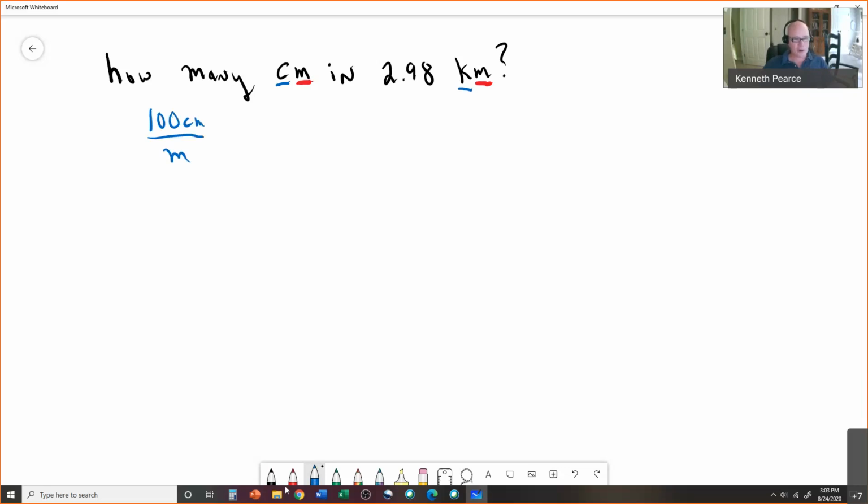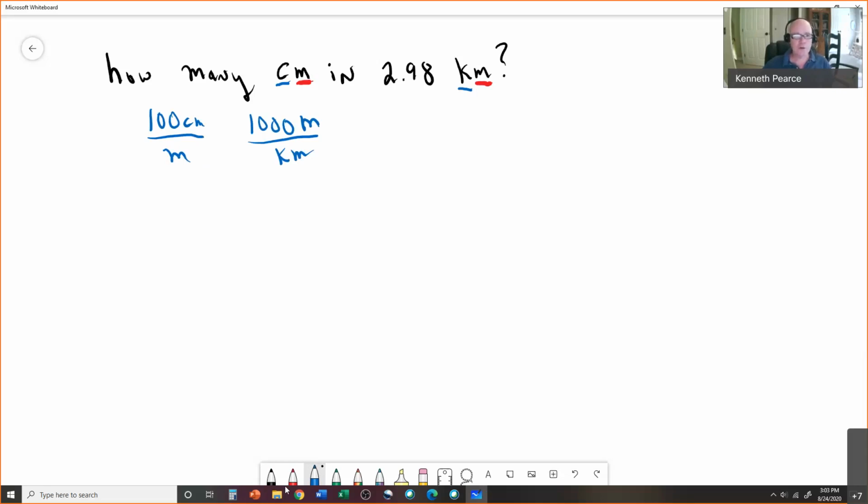Conversion factors are fractions. They come from the equality 100 centimeters equals a meter, but we write it as a fraction. So I say, well, there's 100 centimeters to a meter. And kilo means there's 1,000, so that means there must be 1,000 meters for every kilometer. Okay, so I have both these relationships here.